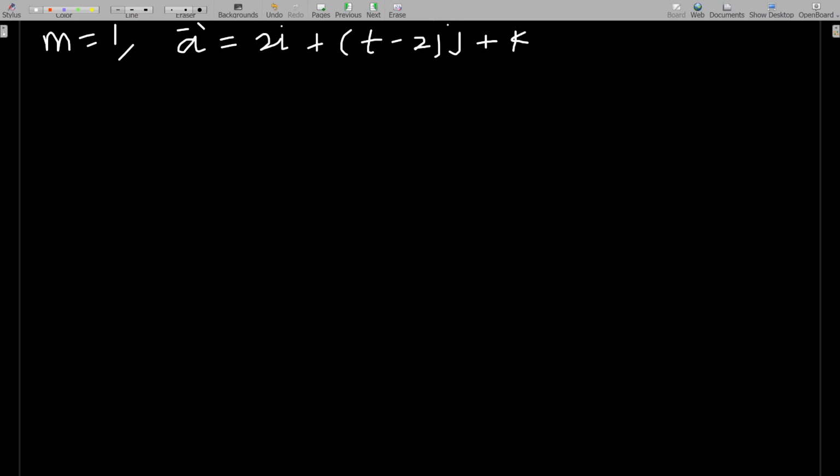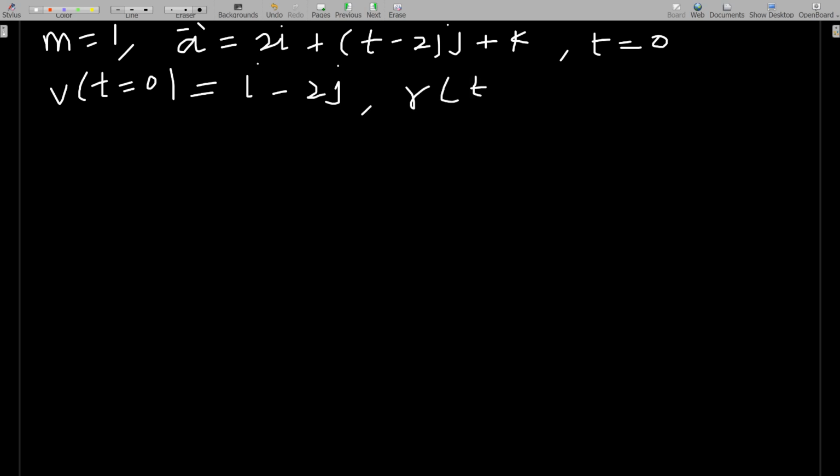And we said that at the starting point t is equal to 0, the velocity is given by i minus 2j, with r at t equals 0 being the origin, whose position we know is 0, 0, 0. So we keep these. And the first question is to find the power.